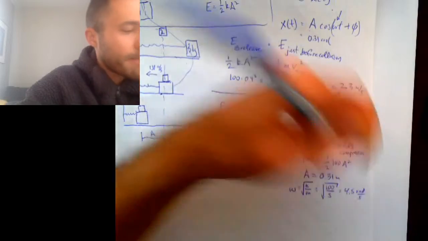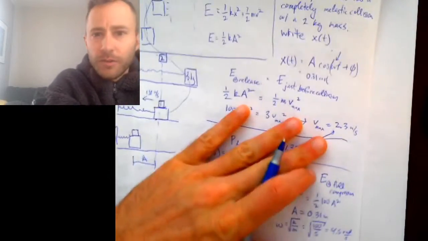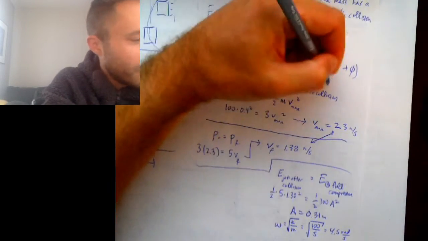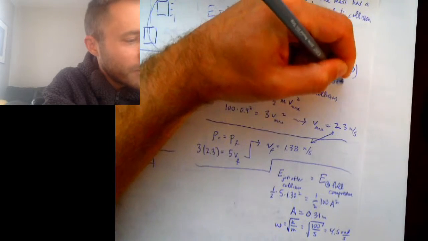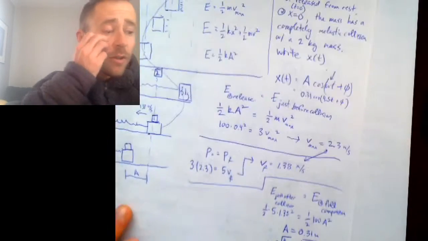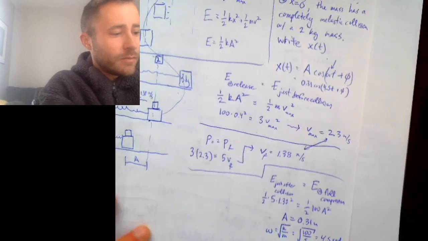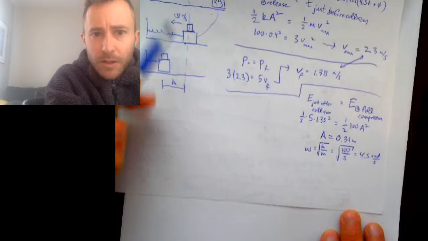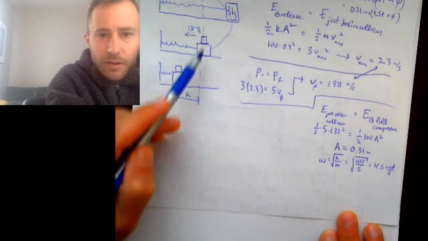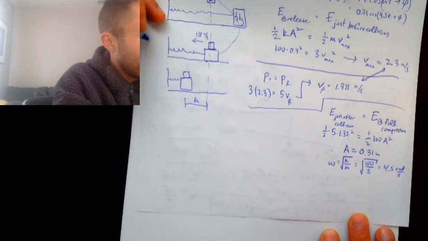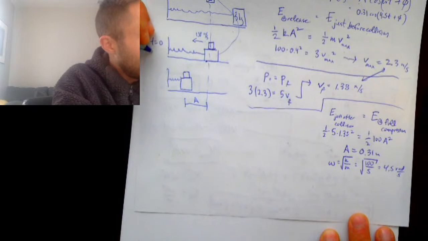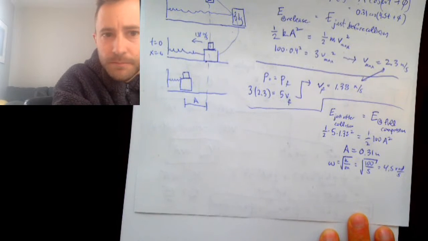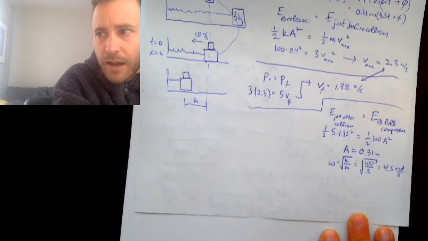radians per second. All right, so we're going to get cosine of 4.5 t plus phi. So now the question is, what is the phi value? And that's pretty easy. We can see that the collision happens at time equals 0 and at x equals 0.